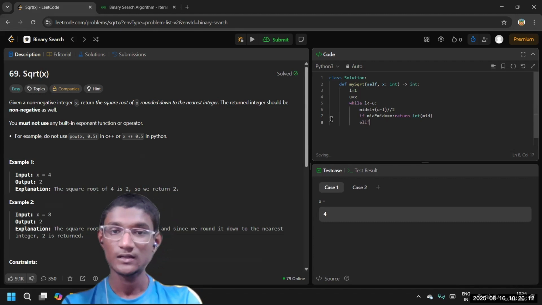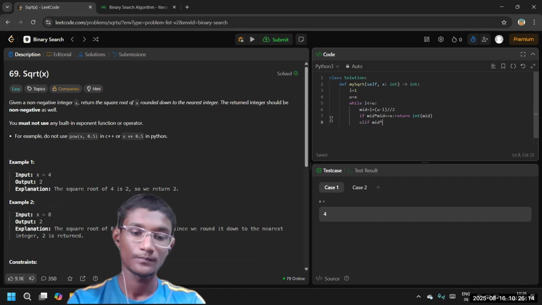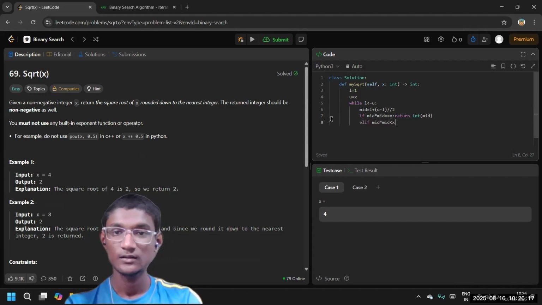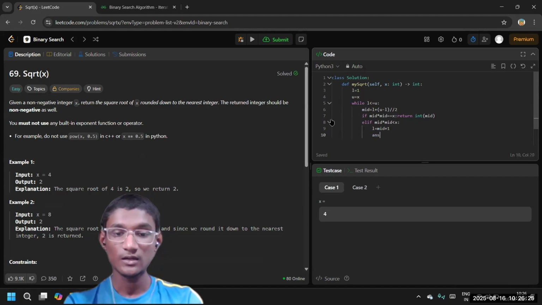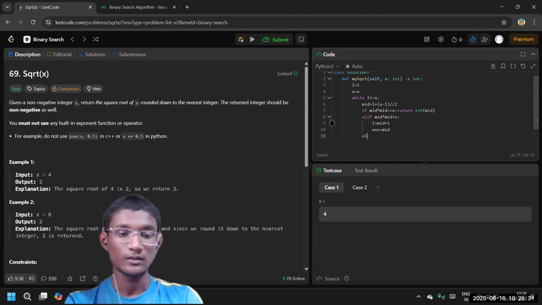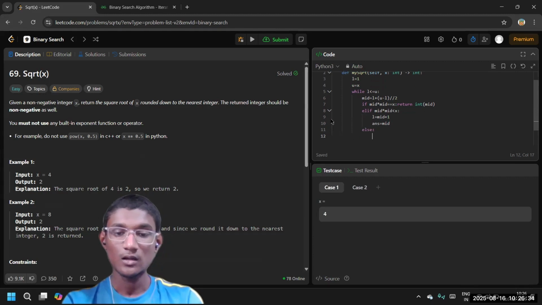Then we check the other condition. If mid into mid is less than X, then we update the lower boundary L, that is mid plus 1, and we assign to a variable here, answer equal to mid. The last condition: if it is greater, we update the upper boundary value, that is U equal to mid minus 1.